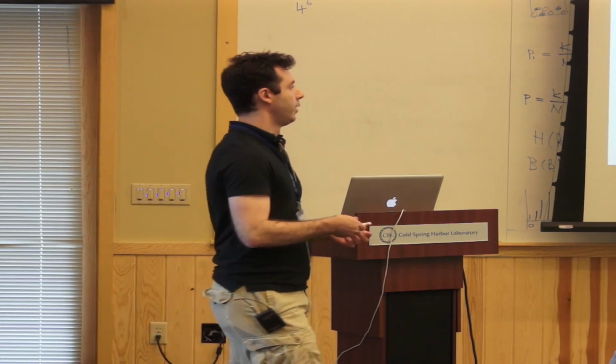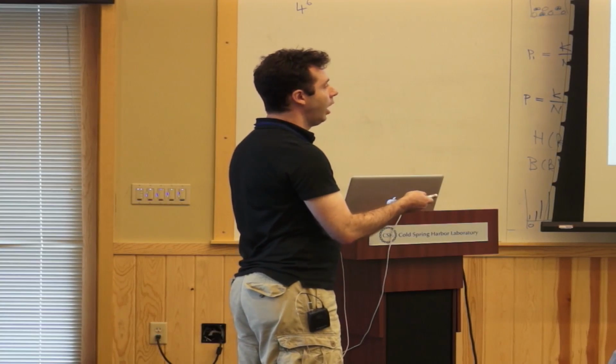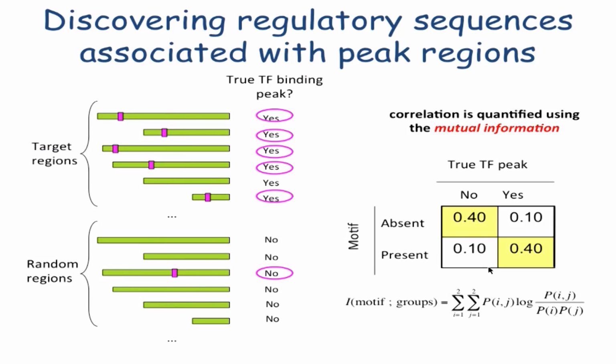Basically, this entry here is about the number of cases across the entire set of peaks here, where you have both the situation where the motif is absent and the situation where the peak is not a true peak.